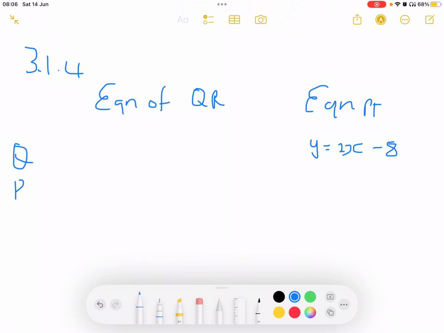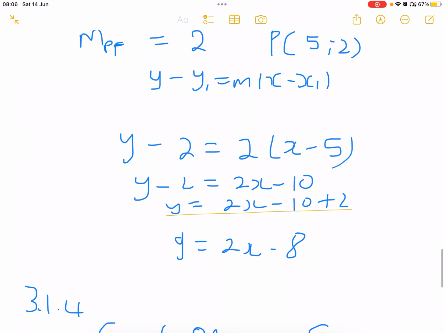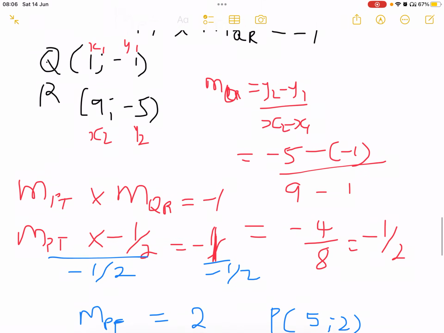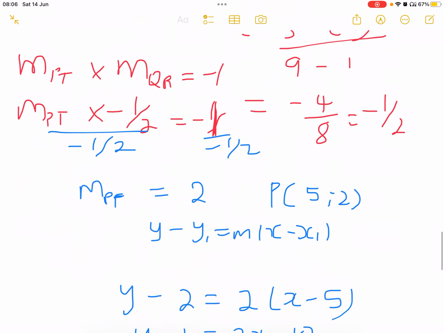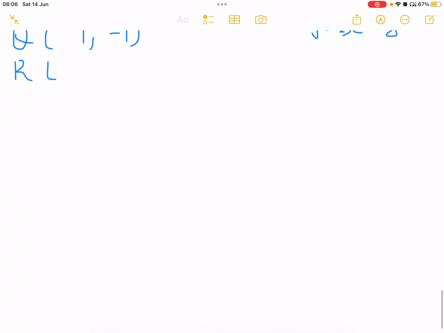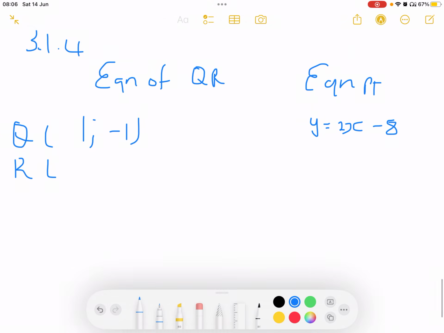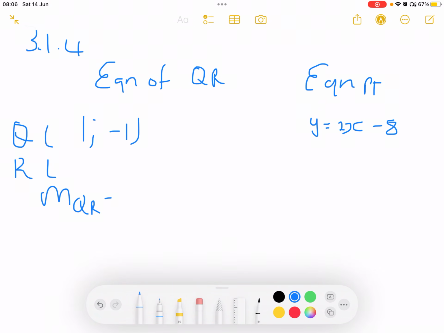We did calculate the gradient of QR, so we're just going to need Q, which is (1; -1). We calculated the gradient of QR in 3.1.3, and it was negative a half. So m of QR is equal to minus 1 over 2. Now we just use y minus y1 equals m times (x minus x1).